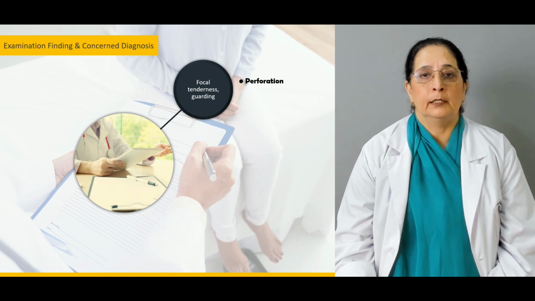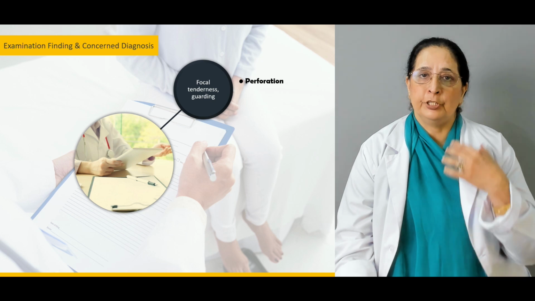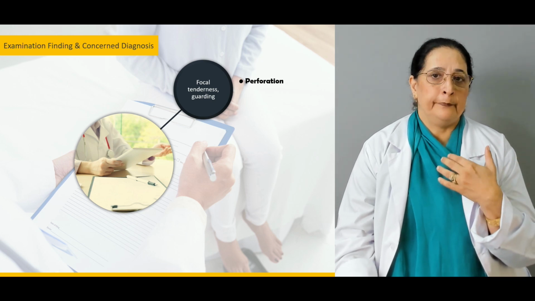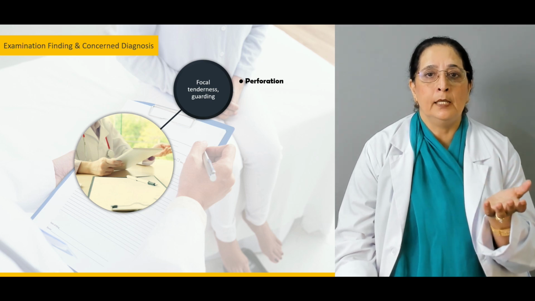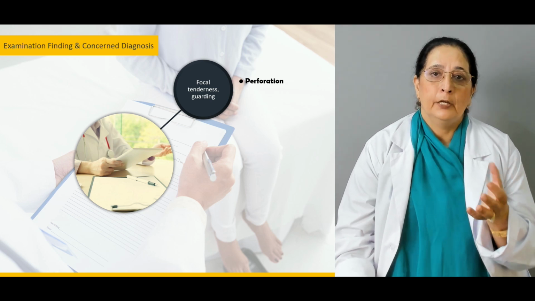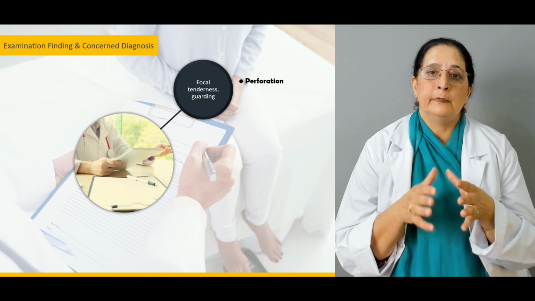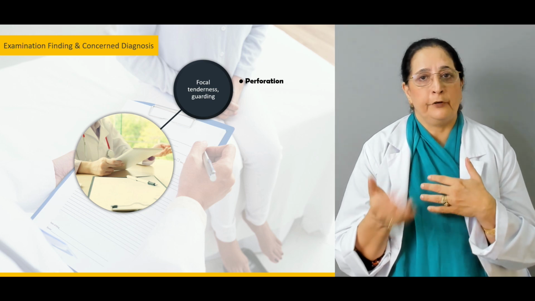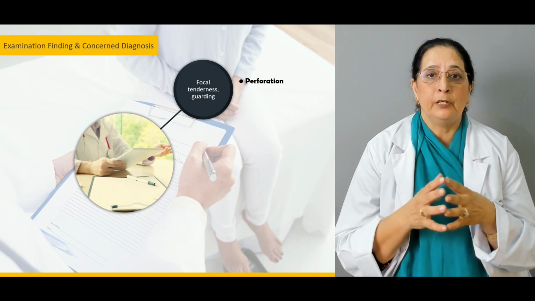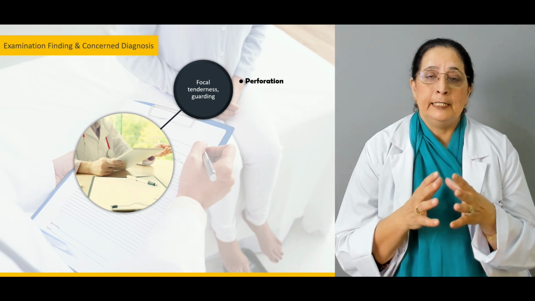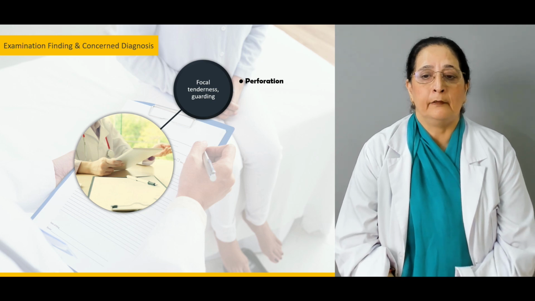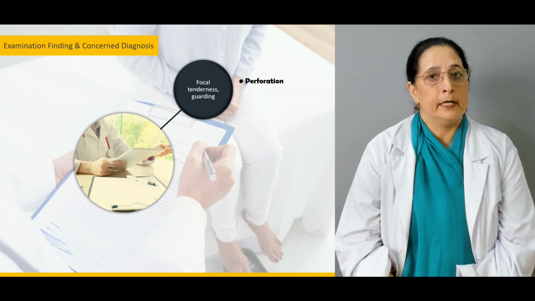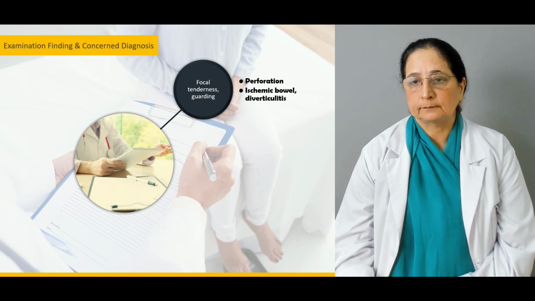Intestinal perforation, as I mentioned, is a very common case when we are working in surgery. You see a lot of patients who come with perforation. Perforation of ulcers is very common, and we see these cases all the time, and there is tenderness, guarding, and rigidity.